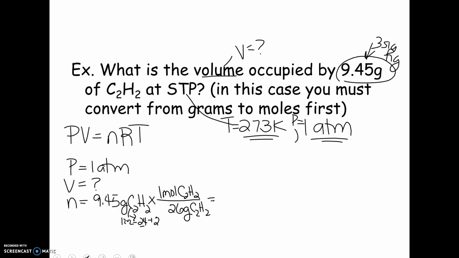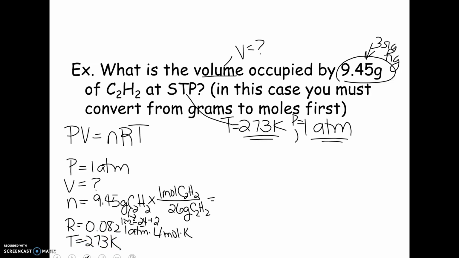So we have P, V, N. R is our gas constant, so it's 0.0821 atm liters over mole Kelvin. And T was 273 Kelvin.